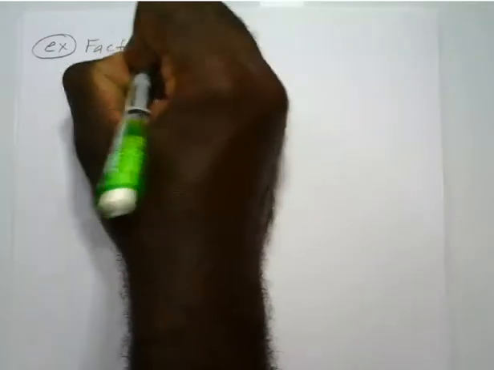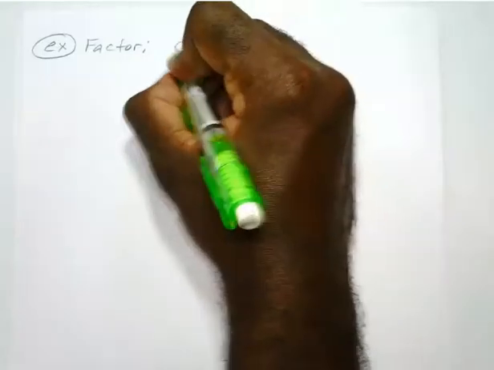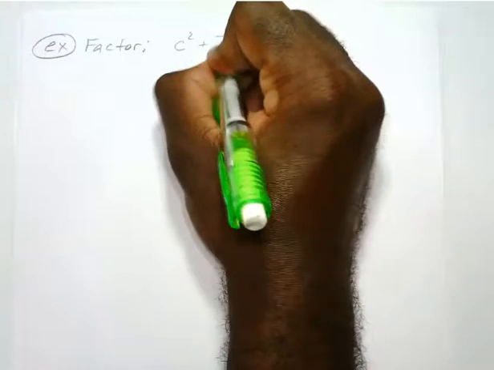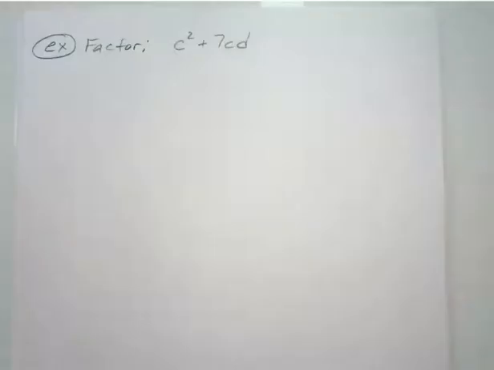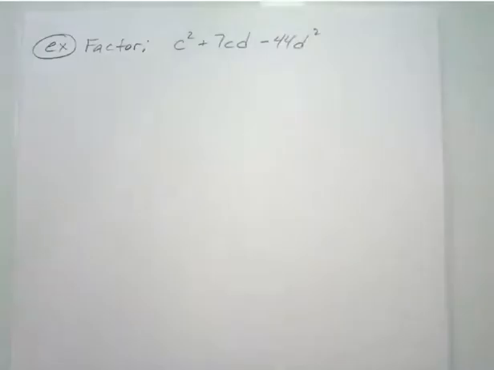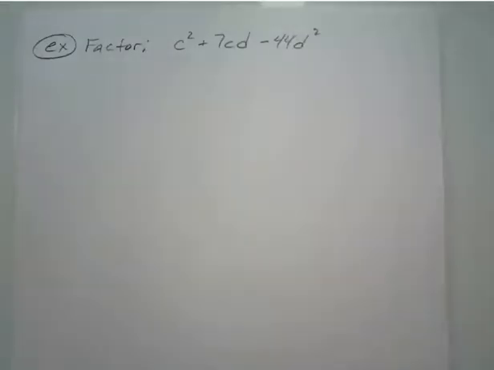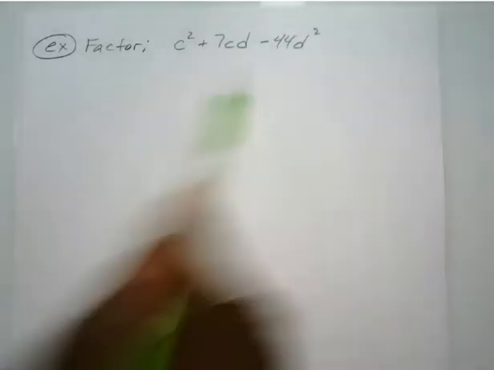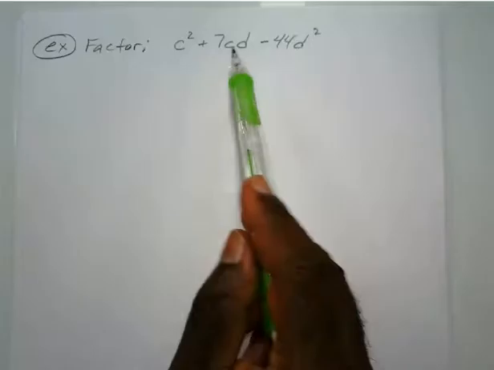Let's say, for example, we wanted to factor c squared plus 7cd minus 44d squared. Now this is different because it's not just one x value, or I mean one variable.